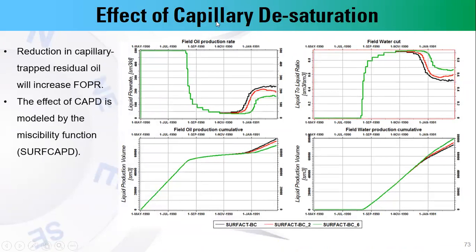The last effect is the capillary desaturation. We have three different scenarios. If we achieve 100% miscibility between surfactant and the formation water, you will achieve the highest oil production rate and highest cumulative oil production, and accordingly the lowest cumulative water production.